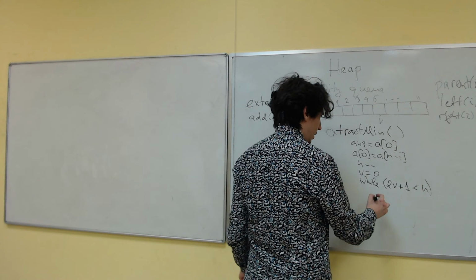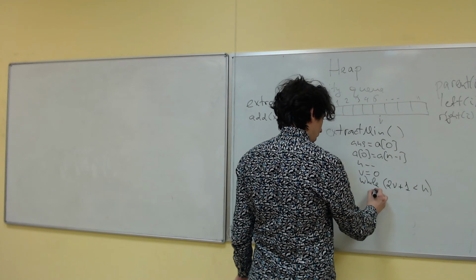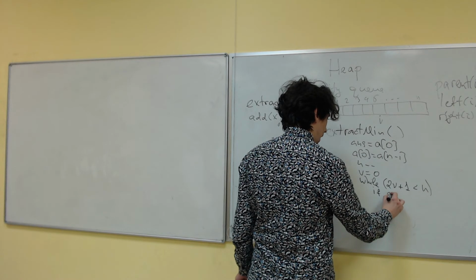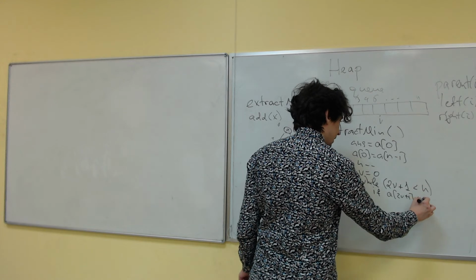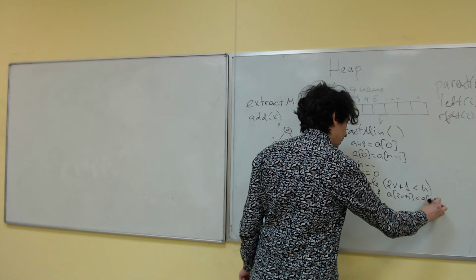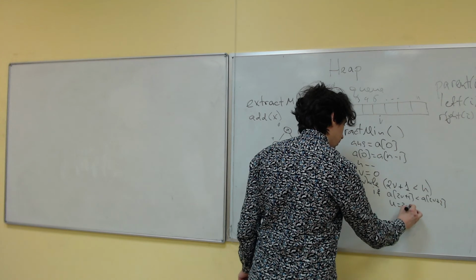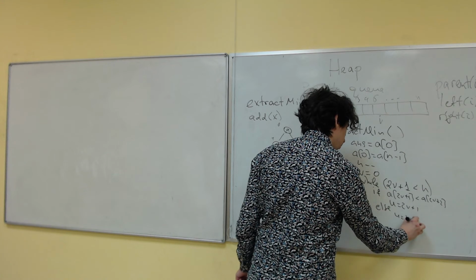And here we say if a[2v plus 1] is less than a[2v plus 2], then u should be equal to 2v plus 1, else u equals 2v plus 2.